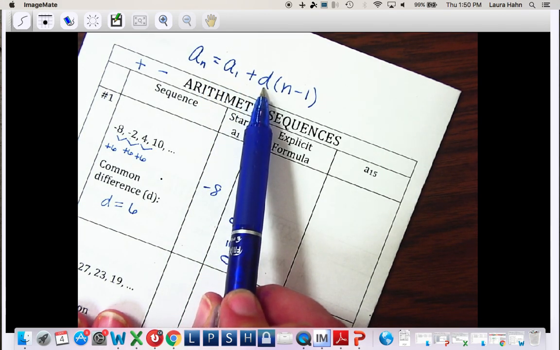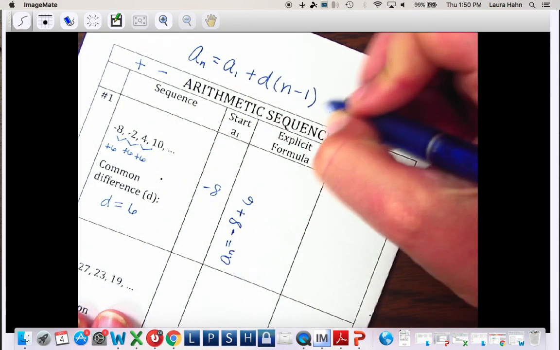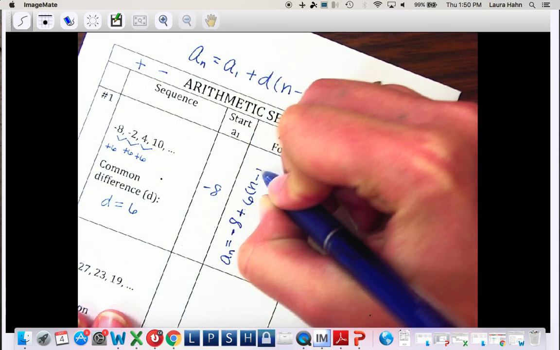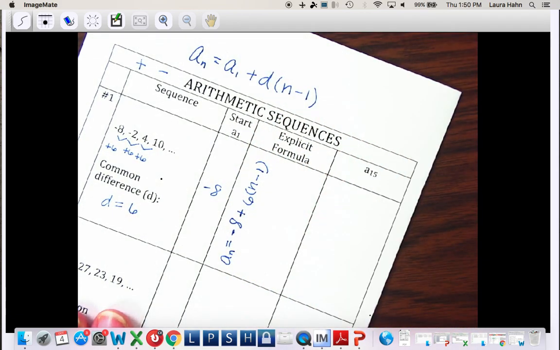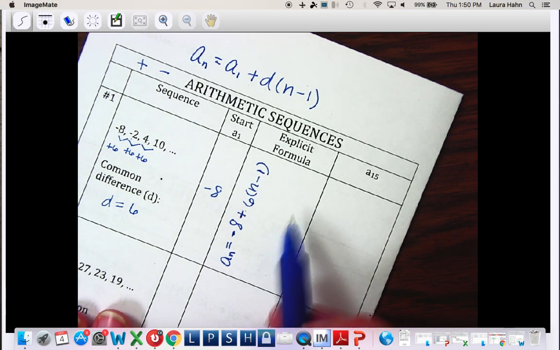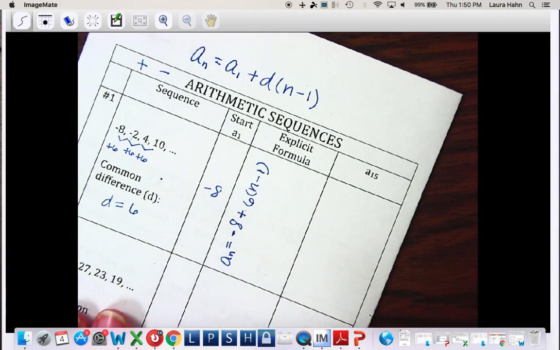We said our common difference was a positive 6 because we're adding 6 every time, and then we're going to put parentheses n minus 1. Okay, yesterday we had to put our starting point every time, but on this one we don't because we included our starting point right here, a sub 1.